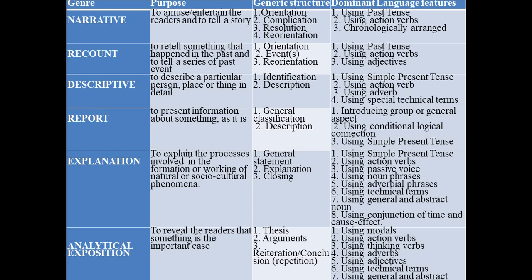So let's move on. The next genre is report. The purpose of this genre is to present information about something as it is. So you should pay attention, describe it as it is, the same. In generic structure, you can find general classification and description.